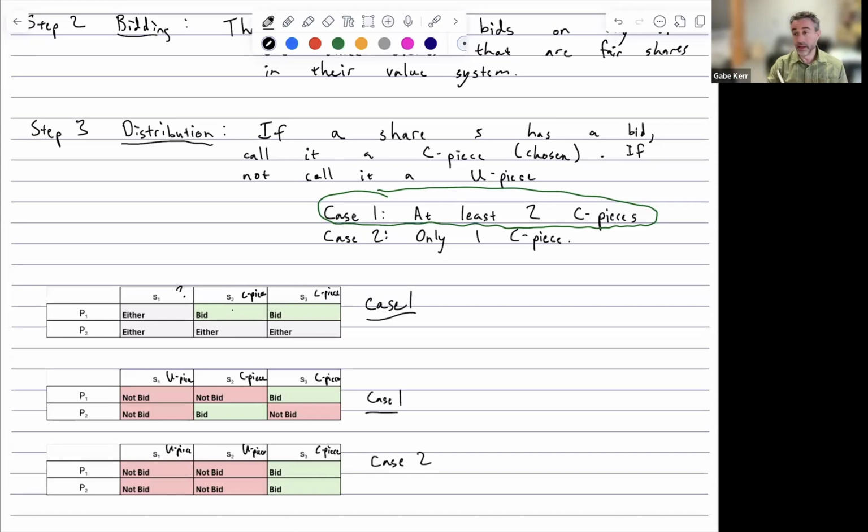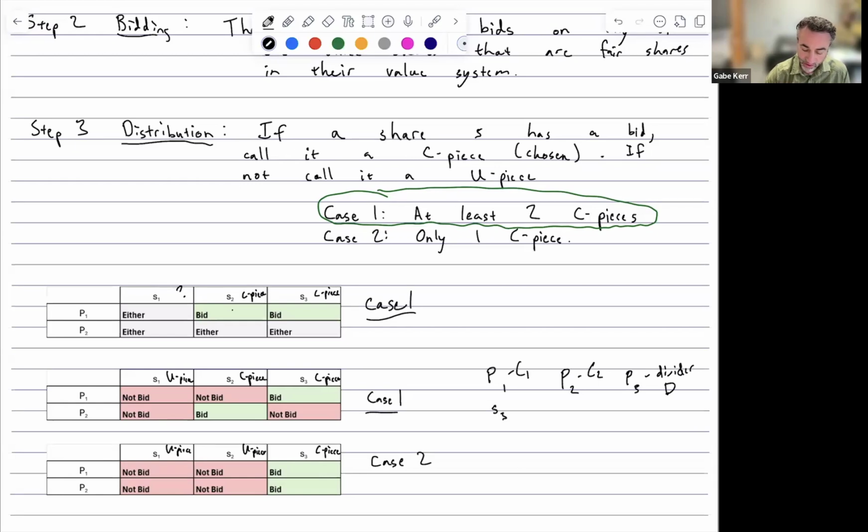And here it's really, again, easy to assign shares to the players. So in this example, player three was chosen to be the divider, which I think the book labels as D. And then we have players one and two, which are the two choosers. And what do we do in this case? Well, we'll assign player one their bid of S3.